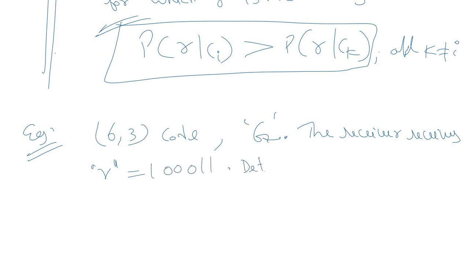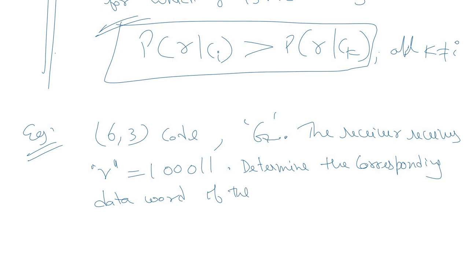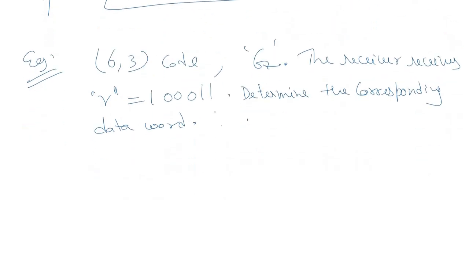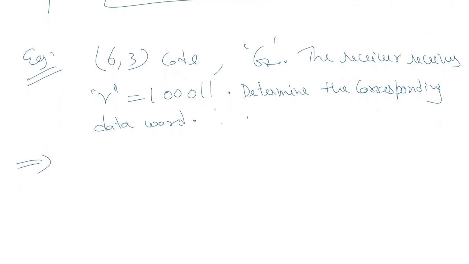Determine the corresponding data word using this maximum likelihood rule. Okay, so we'll begin with finding the syndrome vector, because that is the first step to find the data word or the error. So S is equal to R times H transpose.